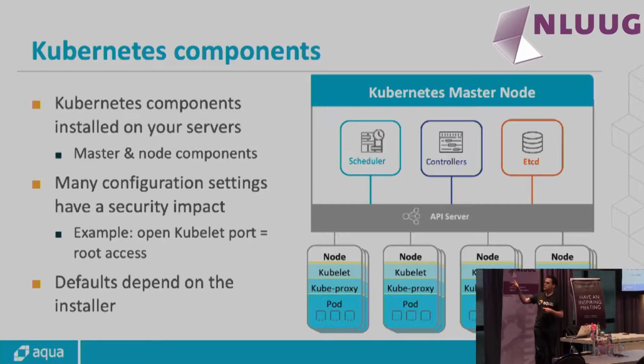The reason that I'm showing you these components is because I want to show you that there are a lot of moving parts. There is etcd, there is API server, there is kube proxy, there is the Kubernetes dashboard, a lot of components. And each one of them needs to be configured correctly. Each one of them has a lot of options. You can set up kubelets with no authorization, which I will show you.